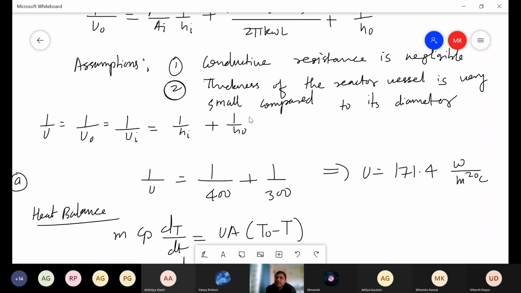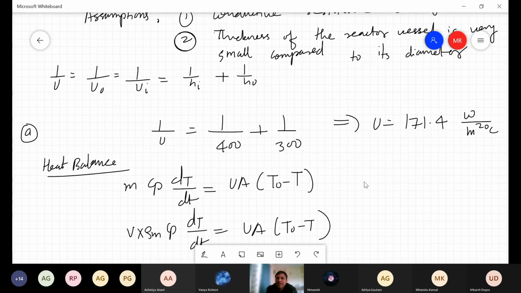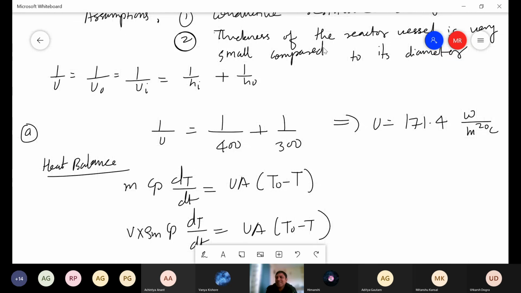So clearly the reactor thickness is also very small compared to the diameter if you look at real life reactors. Typically in a real life reactor, you use a monomer mass of around 10,000 kgs or something. Okay. So considering that, the second assumption is also a reasonable assumption. Is it clear to everyone now?